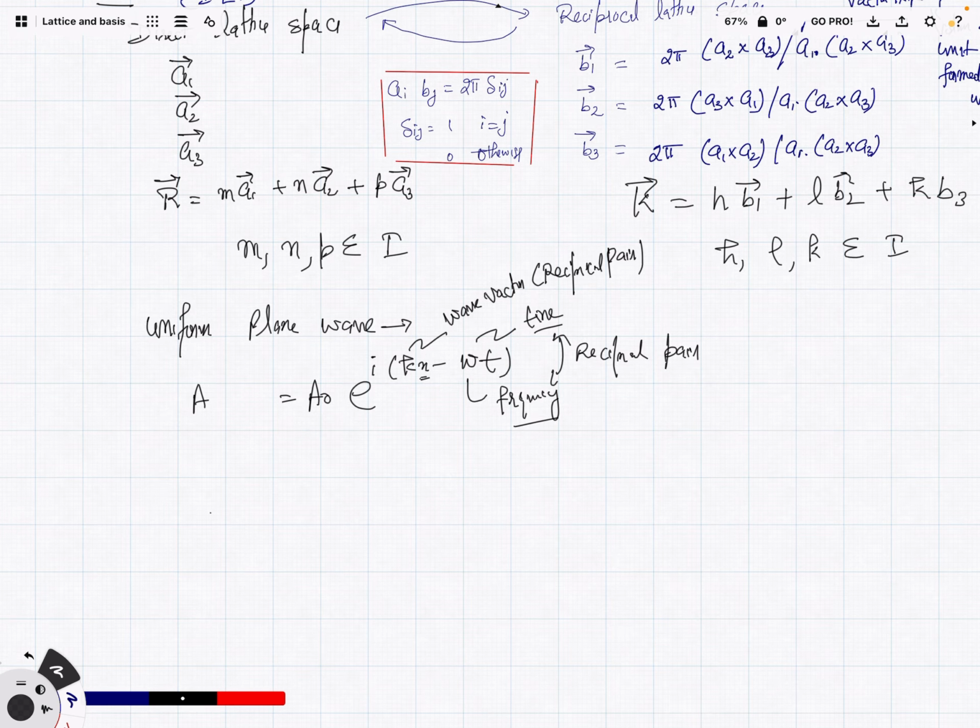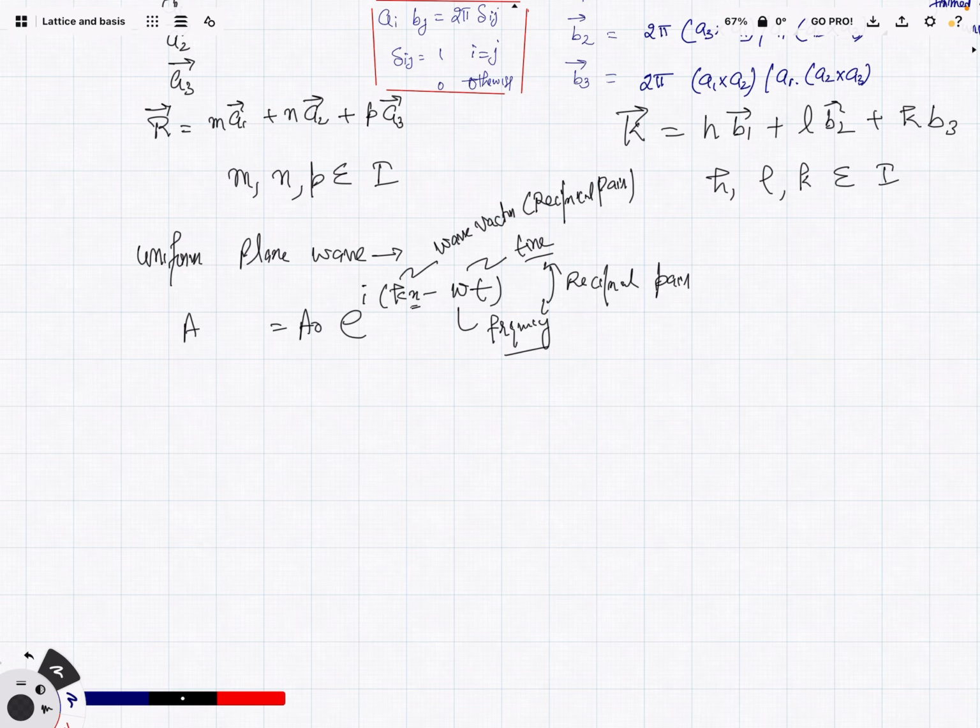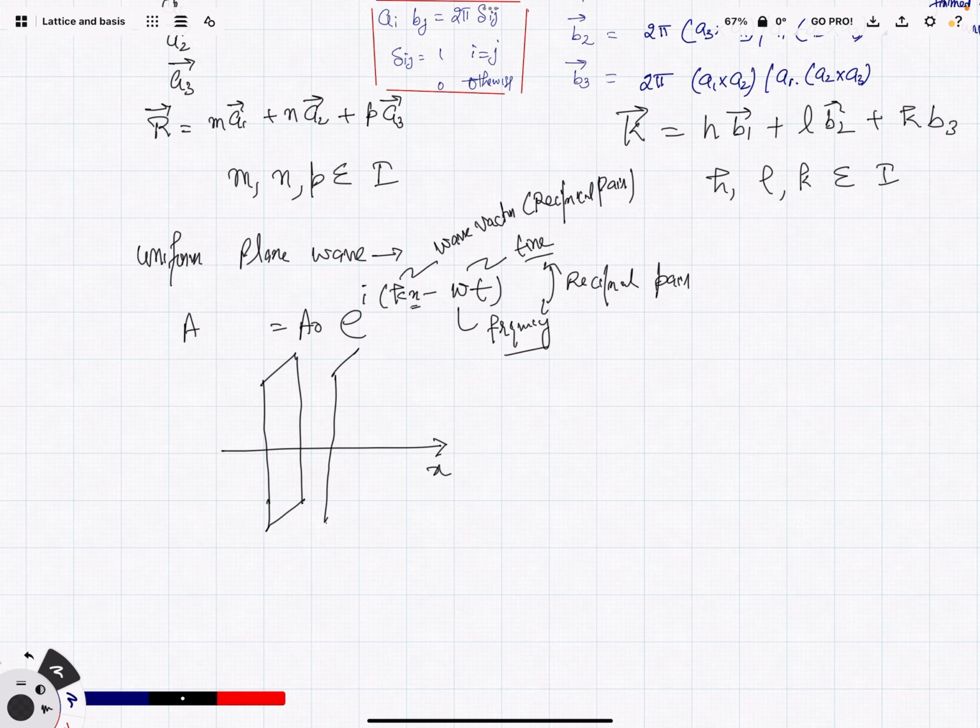Okay, so why is it called a uniform plane wave? Because when you see this wave moving in the x direction, in the planes that are orthogonal to x, this wave has the same magnitude in each plane.